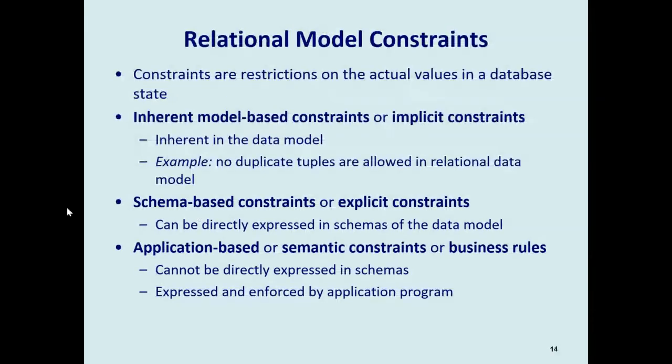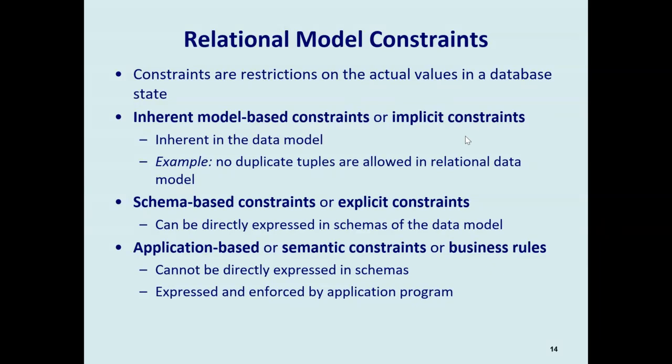And then the next topic is relational model constraints. There are several constraints for the relational data model, okay? One is called inherent model-based constraint, or sometimes called implicit constraint.